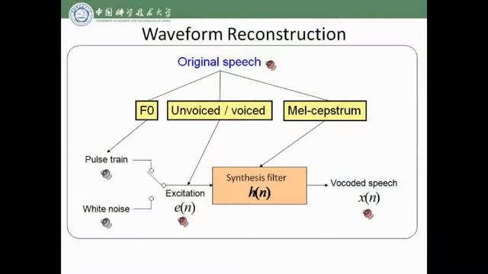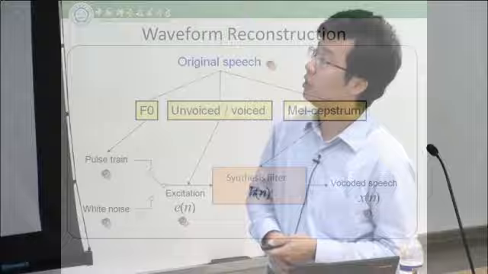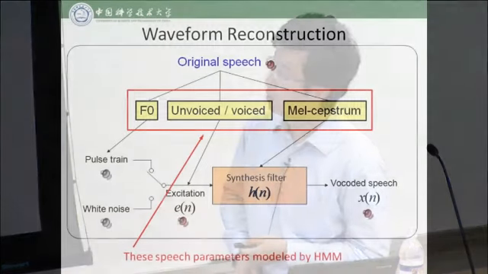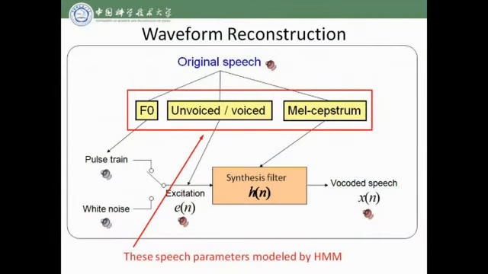Here, this figure summarizes how the speech vocoder works at training time and at synthesis time. At the training time, we extract the acoustic features such as the F0, the unvoiced/voiced label information, and the mel-cepstrum from the original speech frame by frame. Then these speech parameters are modeled by hidden Markov models in the next acoustic modeling step.